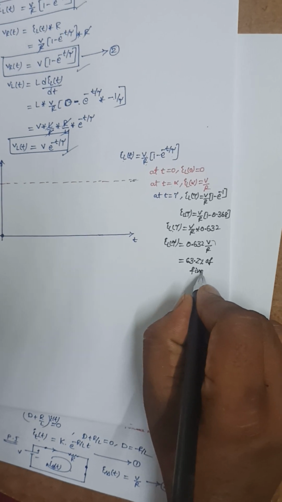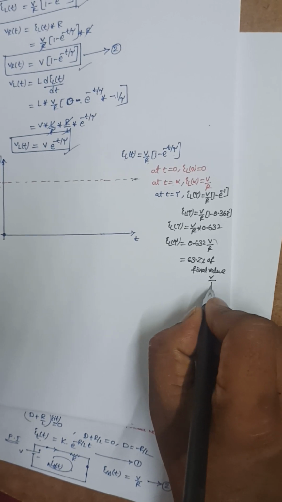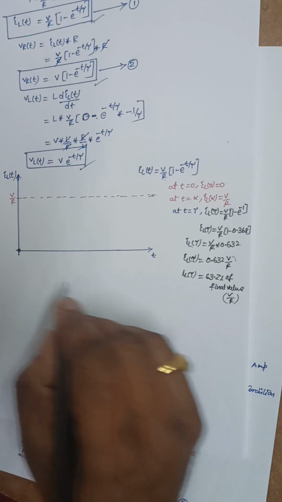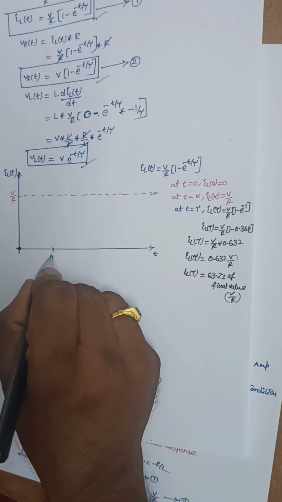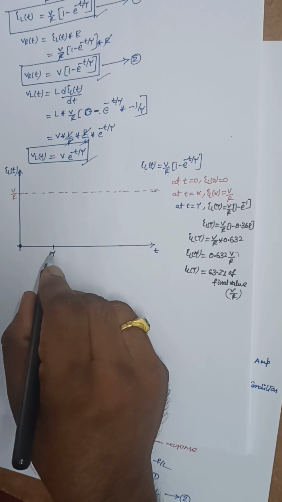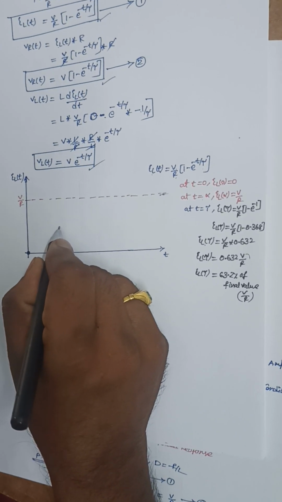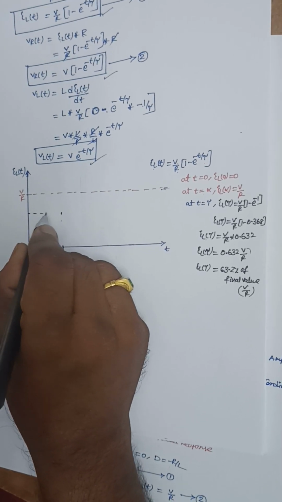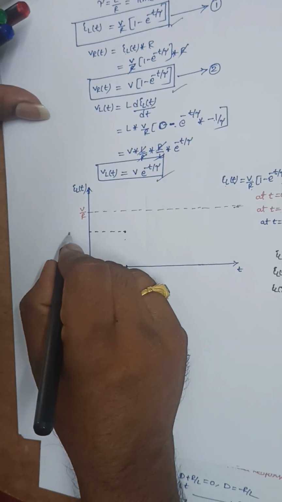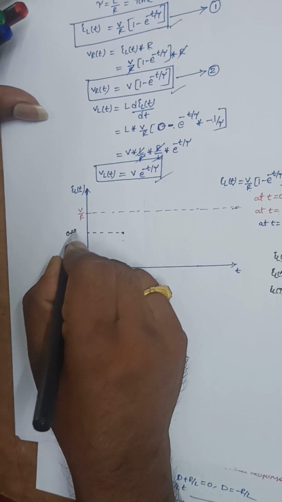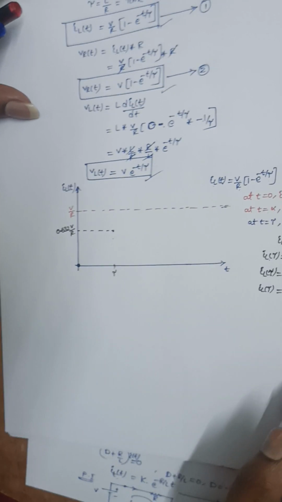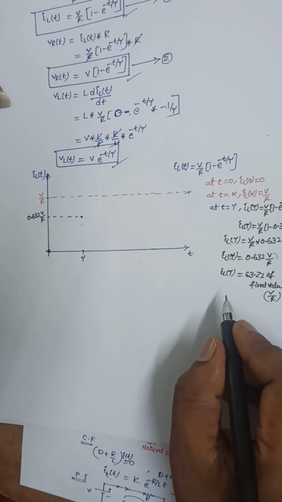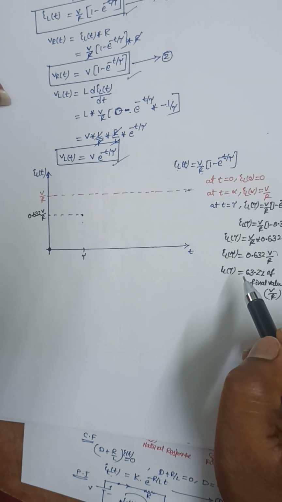So at one time constant, let me take here, it is the tau here, the value of this IL of t is 0.632 V by R. Now at 5 tau time constants, I am taking only this tau and 5 tau.